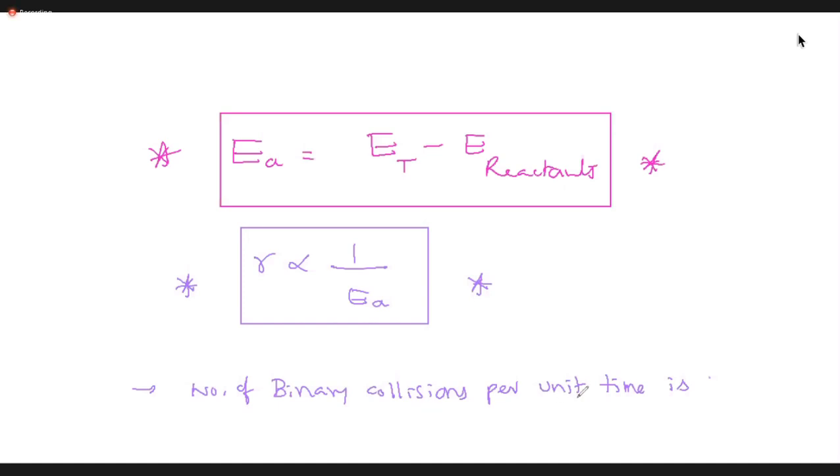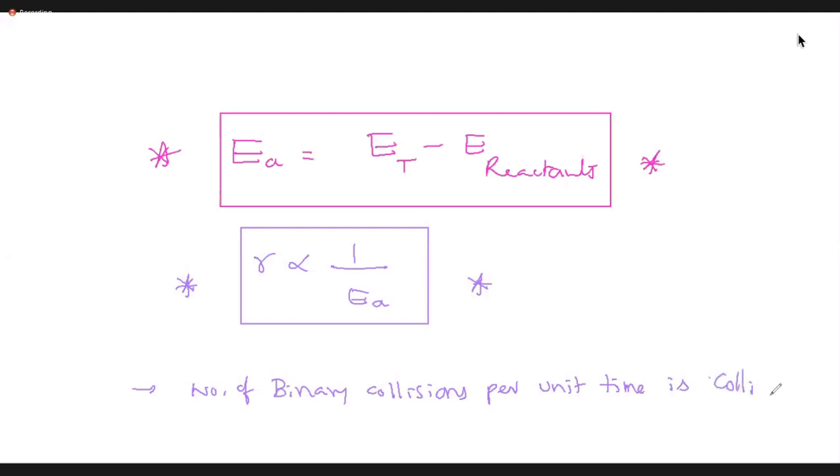Next point. Number of binary collisions per unit time is called collision frequency.